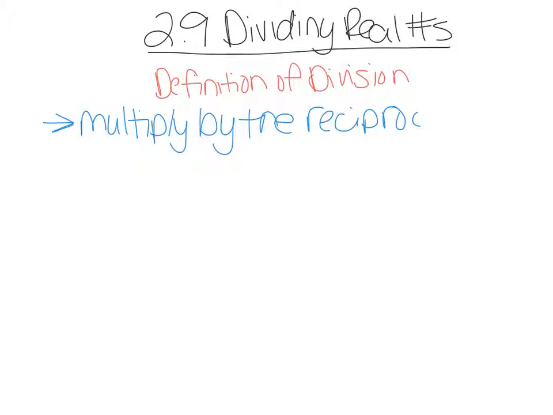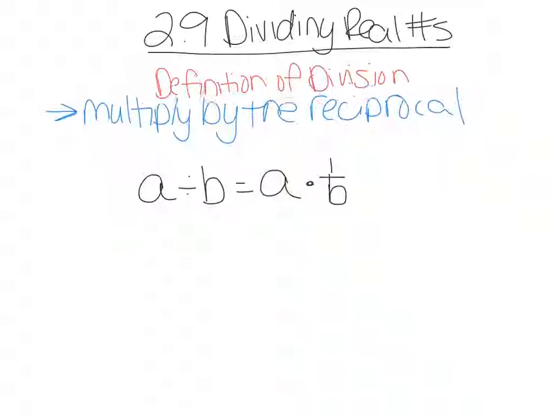So if I have a number A divided by a number B, instead of taking A divided by B, I could take A times the reciprocal of B, and yesterday we learned that the reciprocal of B is 1 over B, so just flipping that second number. That's going to come in really handy when we start talking about fractions, okay?